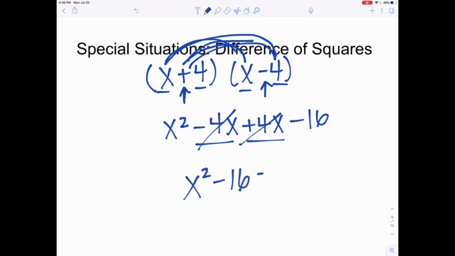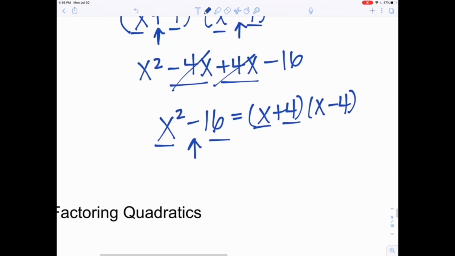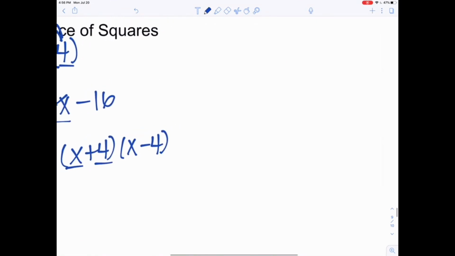So sometimes people like to memorize that x plus 4, x minus 4 gives me the square of the first one minus the square of the second one. Okay? So that's just something to keep in mind. Before we move on, let's look at another example. X plus 2, x minus 2.